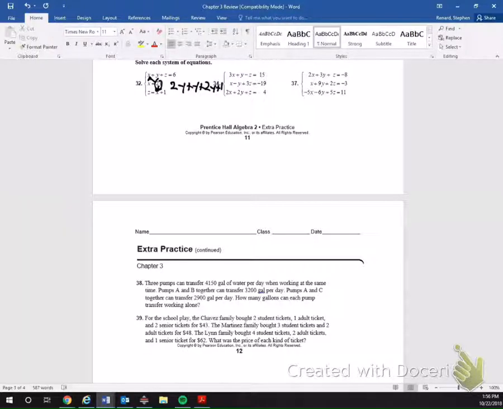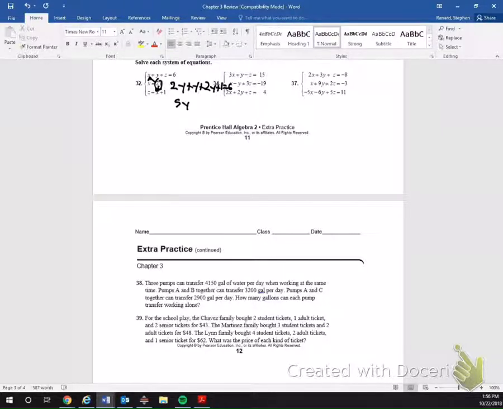Because what we did there is once we have z equals 2y plus 1, we take it there and drop it right there. Okay, so that gives us 2y (x) plus y plus 2y plus 1 (z) equals 6.